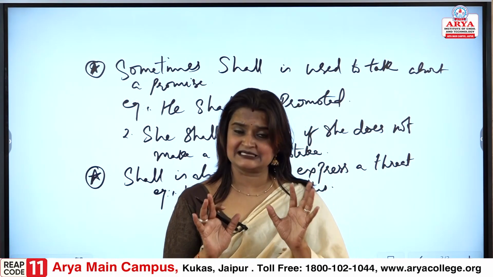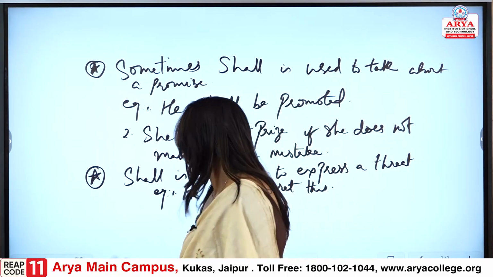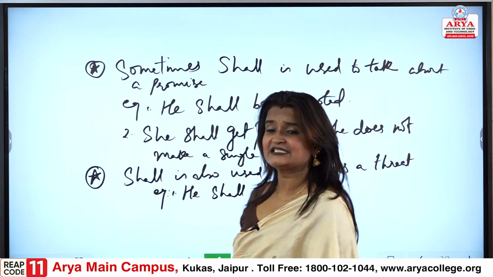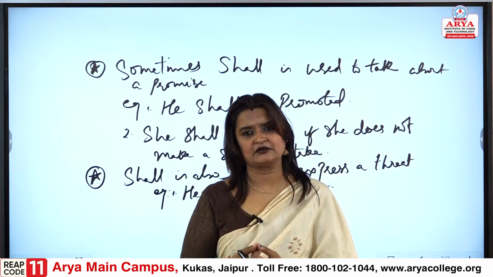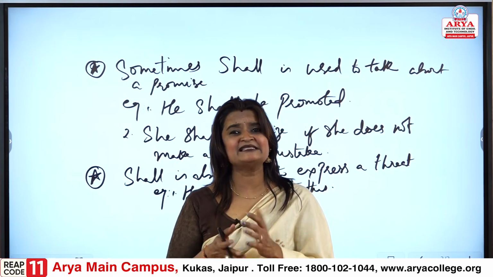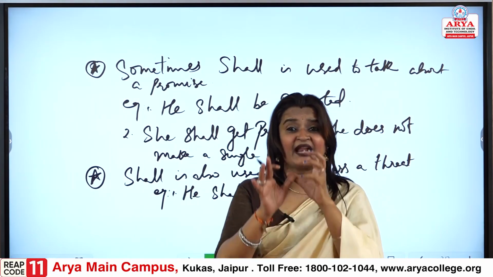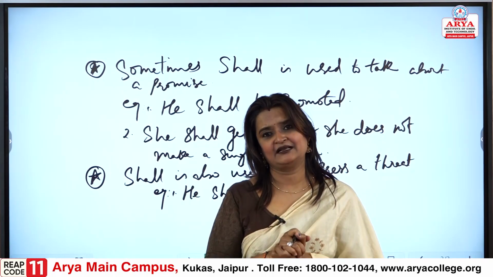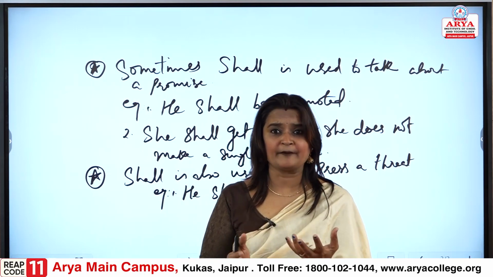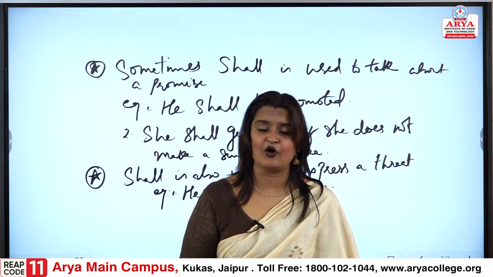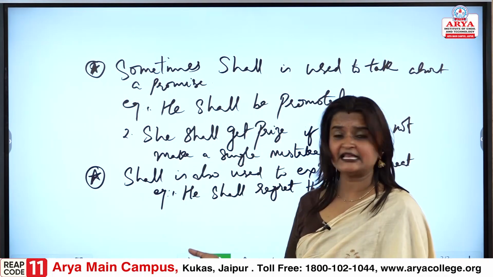Even during such cases, we use shall. He shall regret this. Someone has done something wrong or harmed someone. So we mean to say the person would regret what he has done. Might be he has done something really wrong, which he should feel guilty for. In such cases, again we are threatening: he shall regret this.